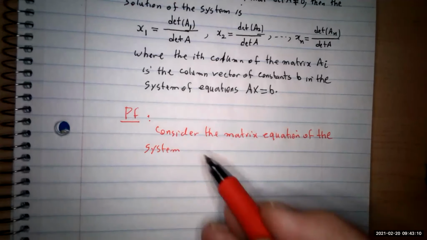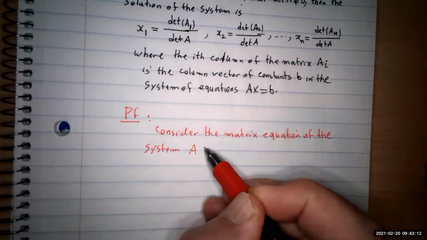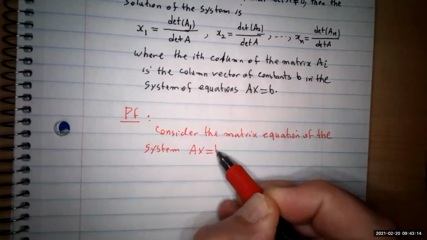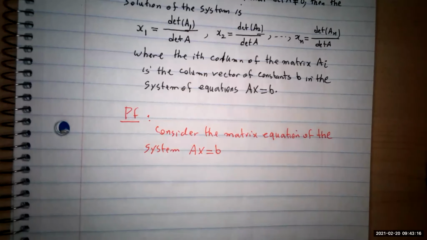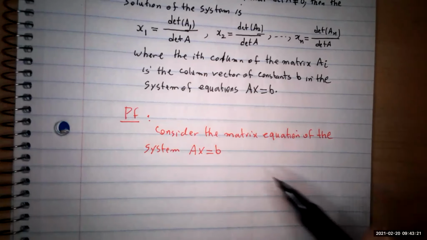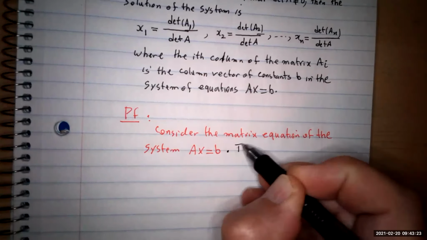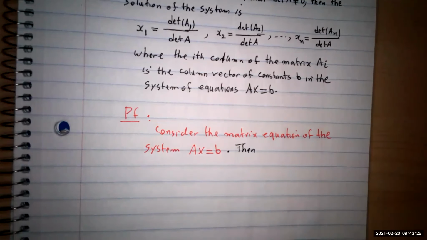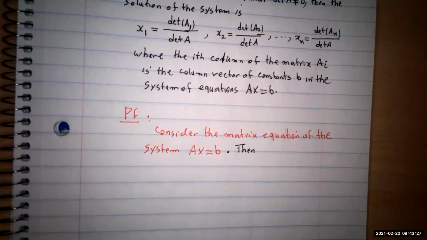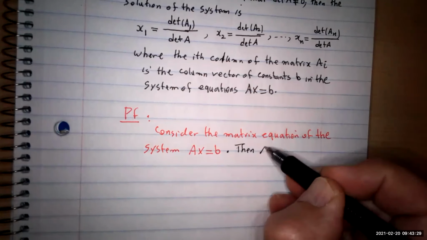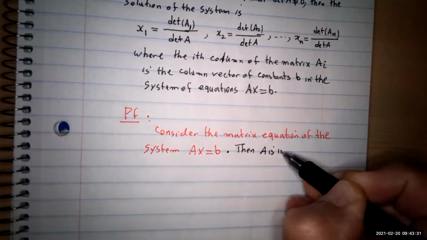The matrix equation is AX equal to B. And as we talked about, A is invertible.